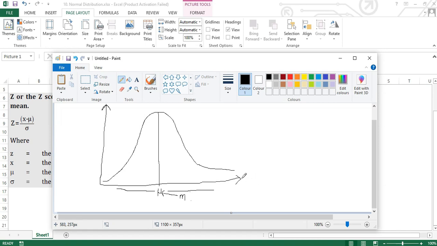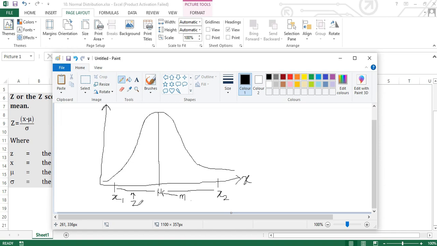This is the x-axis now, and there are values here. Let's assume these two values, say x1 and x2. The difference between the mean and x1 is equal to z.